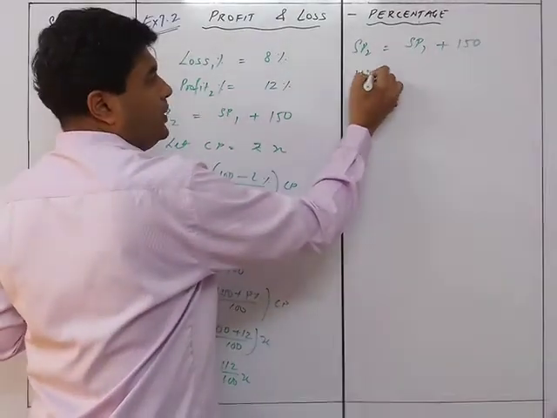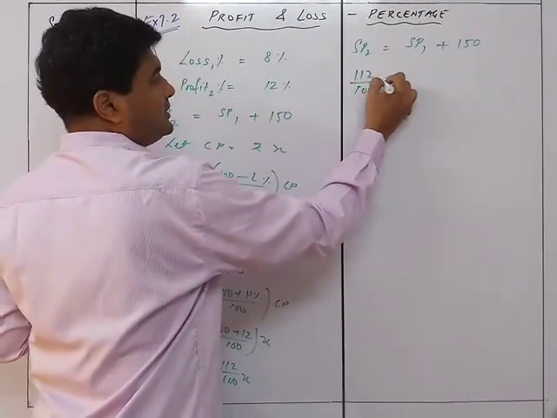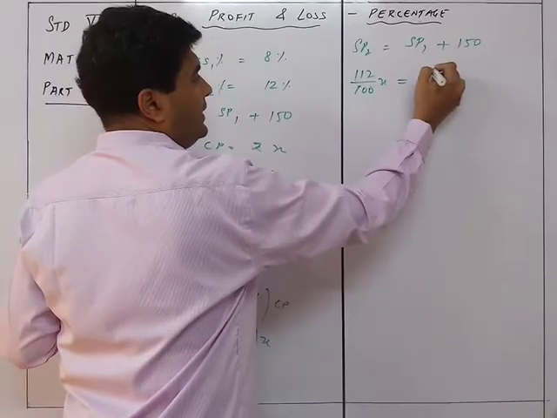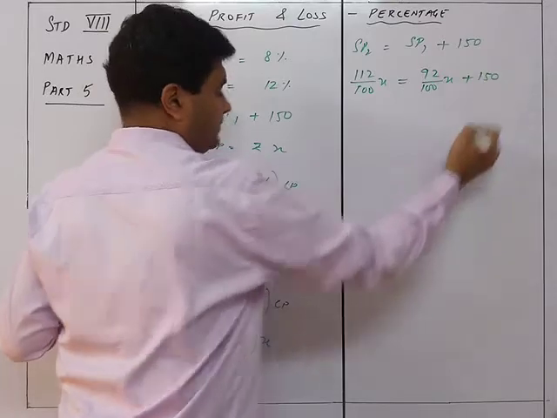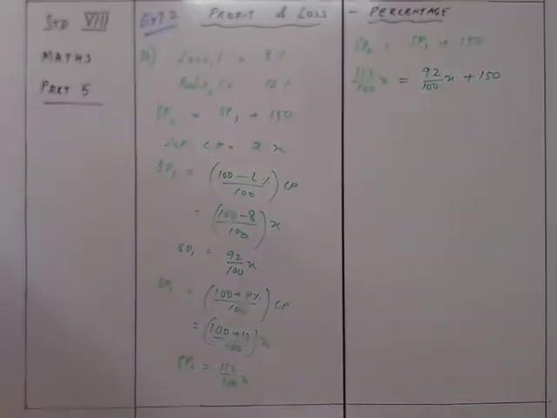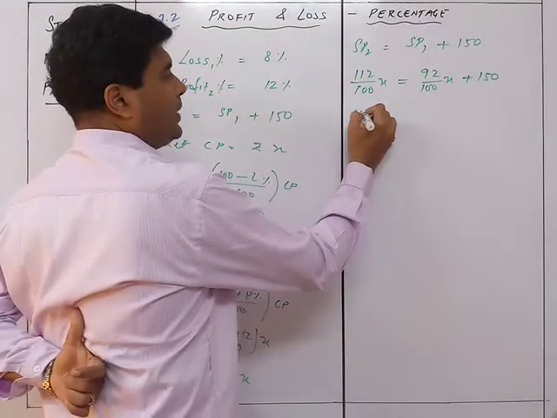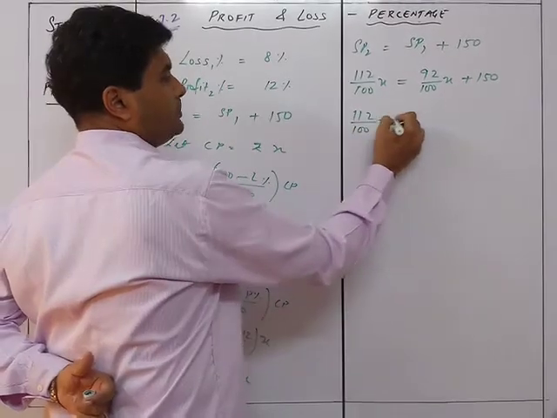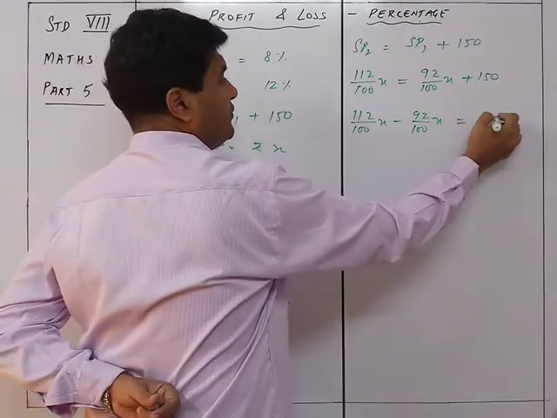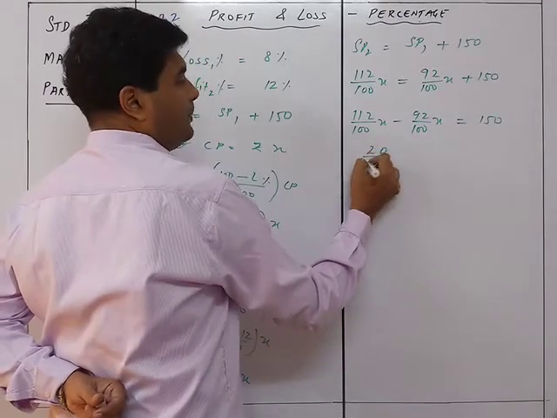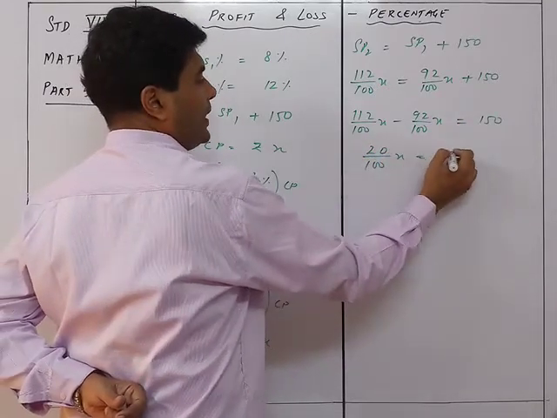Now I know that SP2 is equal to SP1 plus 150. So it is 112 upon 100x is equal to 92 upon 100x plus 150. Right? So it is 112 upon 100x minus 92 upon 100x is equal to 150. So 20 upon 100x is equal to 150.